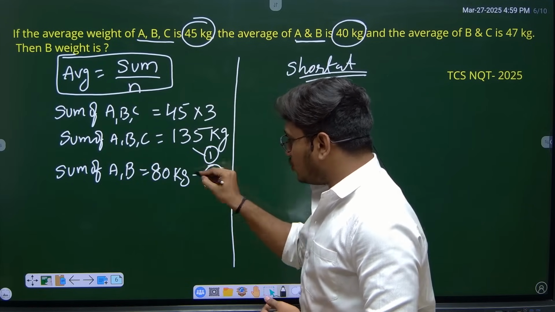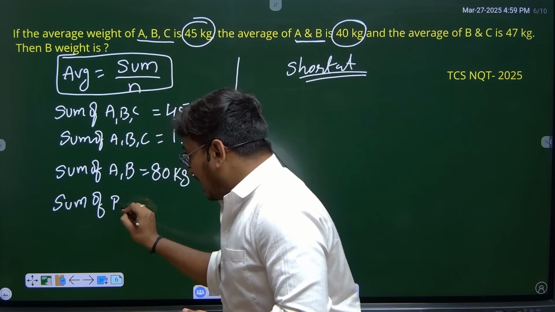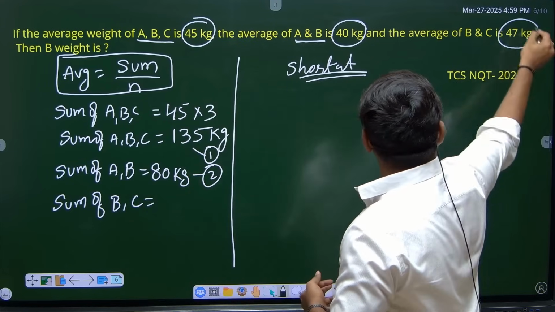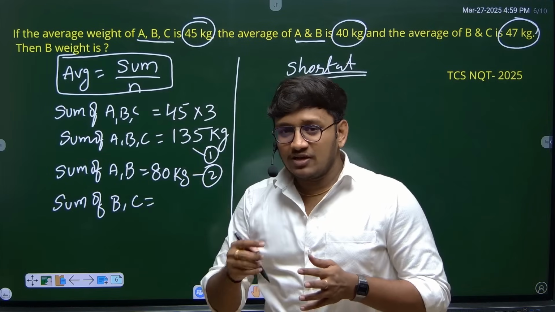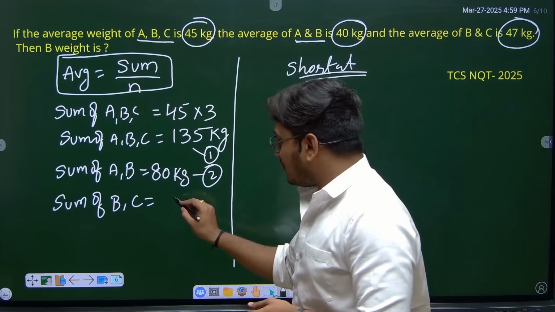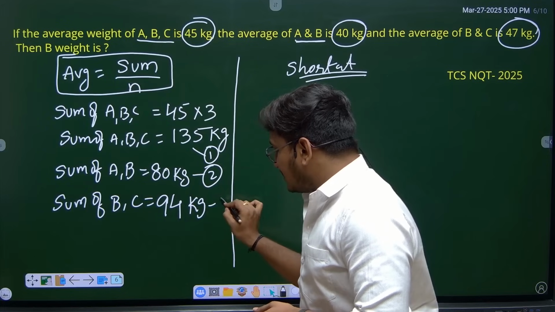This is equation 2. Now the sum of B and C, again 2 members, but their average is 47. Again the sum of B and C is 47 2 times. 47 2 times is 94 kgs. This is equation 3.